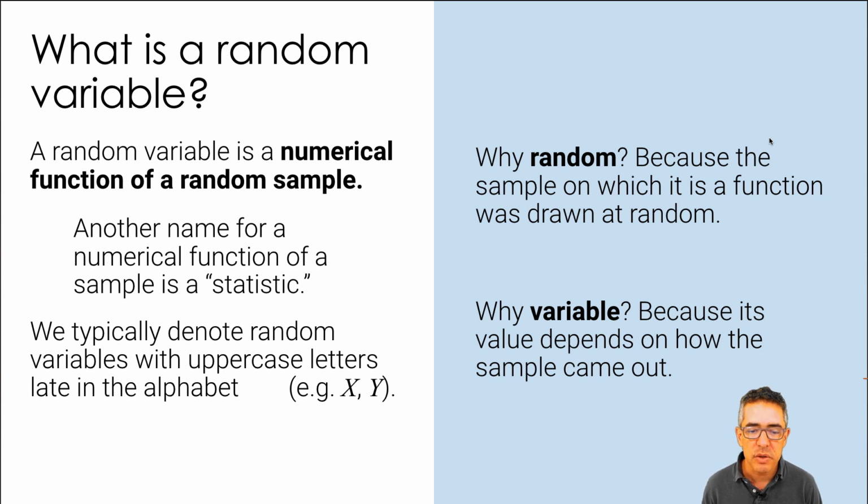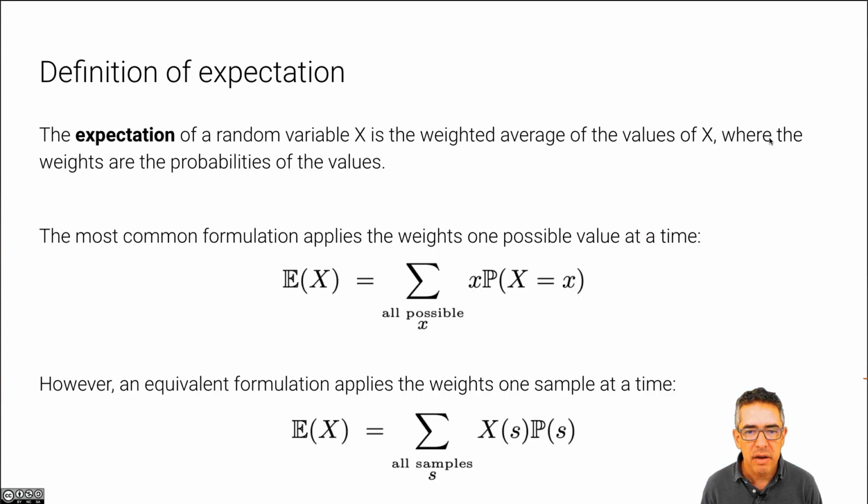Notationally, we tend to use uppercase letters, later in the alphabet: X, Y, Z, etc. The most basic and fundamental property of a random variable is the expectation, which is the weighted average of the values that X can take, weighted precisely by the probability distribution associated with the random variable.